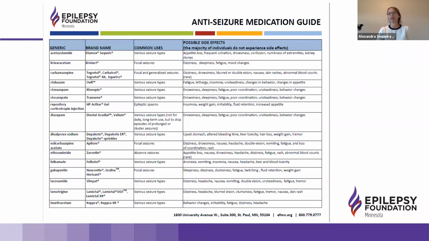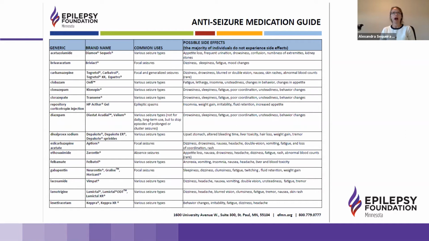There's a really long list of seizure medications, which is great. That's not to say that we don't need more. We absolutely do, and there's a lot of research and development going on, and actually a couple of new medications have recently hit the market, so that's exciting. But the EFMN has this great resource that outlines some of the different seizure medications.